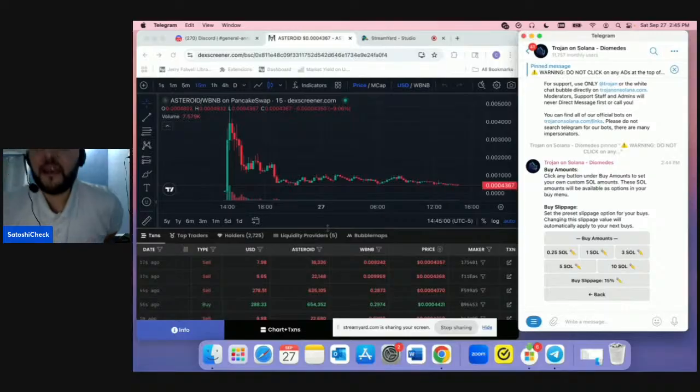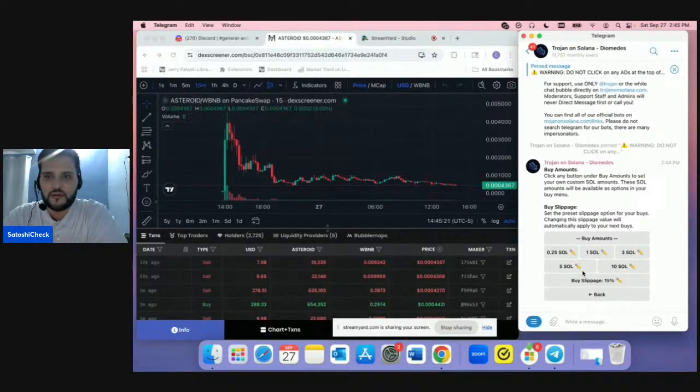Now, buy amounts does not mean you're buying SOL on DEX Screener. Sorry for the tab. It does not mean you're buying any SOL on DEX Screener. Buy amounts are just what you've penciled in. As you see, mine has 10 SOL. I don't recommend you do 10 SOL, or yours might say 5 or 10 SOL.